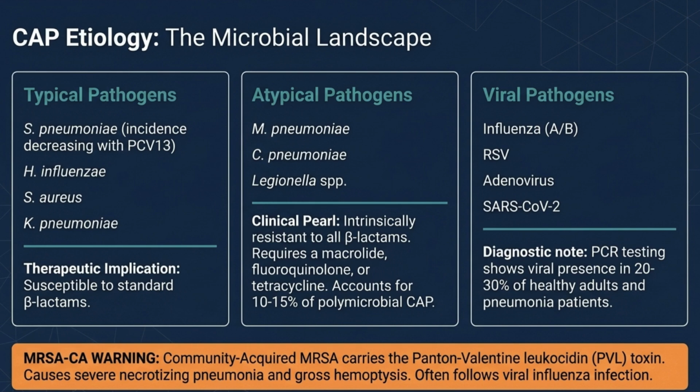We have to watch for community-acquired MRSA. It carries the Panton-Valentine leukocidin toxin, which causes severe necrotizing pneumonia and gross hemoptysis, often following a viral flu infection.